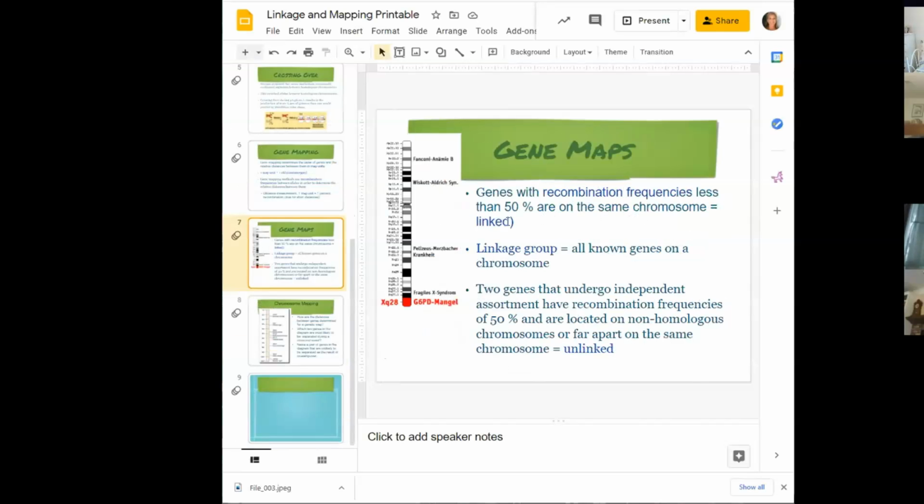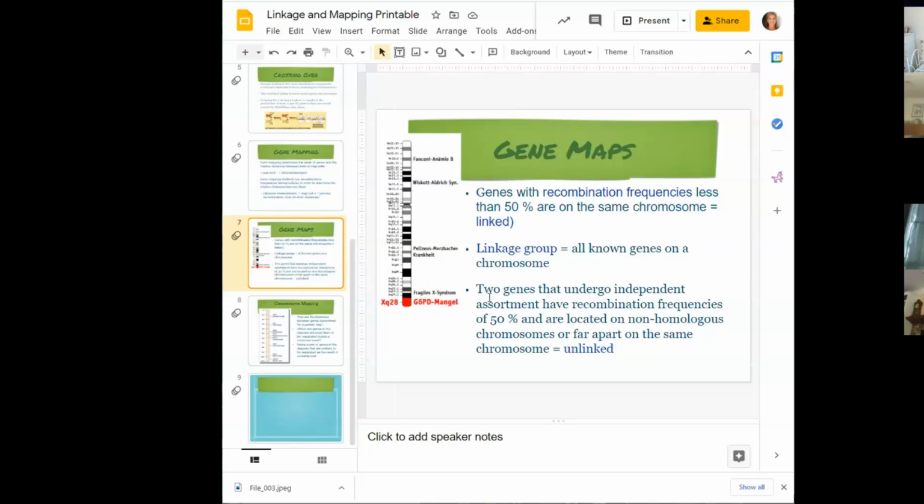So this is what I was just saying. Genes with recombination frequencies less than 50%, you would assume to be on the same chromosome, and therefore it's a crossover event rather than an independent assortment. You refer to all of the genes on one chromosome as a linked set, or linked groups.